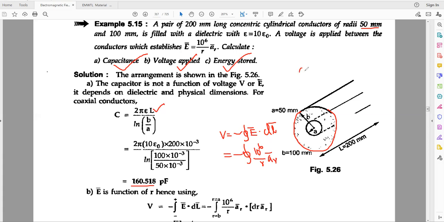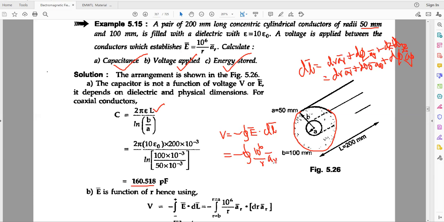Now consider dL also. dL bar in cylindrical coordinates is dr a_r bar plus r dphi a_phi bar plus dz a_z bar. In spherical coordinates, it is dr a_r bar plus r dtheta a_theta bar plus r sin theta dphi a_phi bar. These are the differential elements in the cylindrical and spherical coordinate systems.